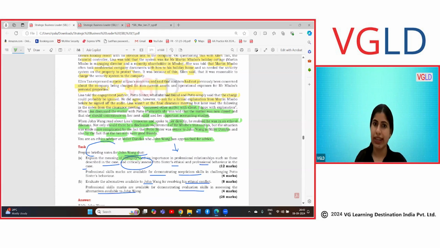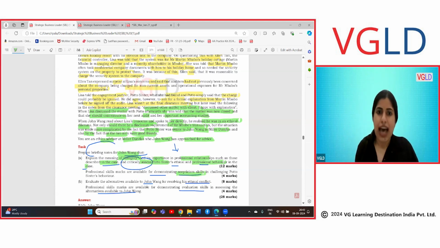So this is all about integrity and why it is important in professional relations, such as those described in the case. And then you have to critically assess Mr. PS, who is your senior person, and his professional behavior in the given case. And your skill will be professional skepticism.